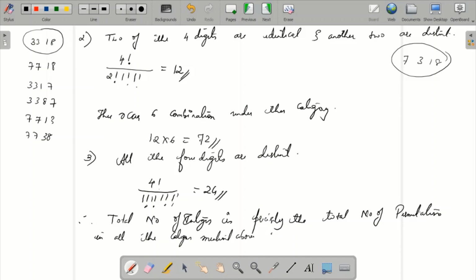So the number is the addition of all we got. Initially we got 6, then we got 72 plus 24. So this would be 102. So this is the result. This is regarding example 3.